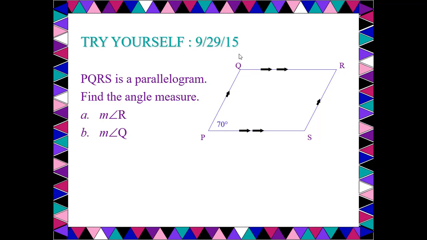So before I reveal the correct answer, wala nang hahabol. The correct answer is 70 degrees. So 70 degrees because angle P and angle R are opposite angles and opposite angles are congruent.